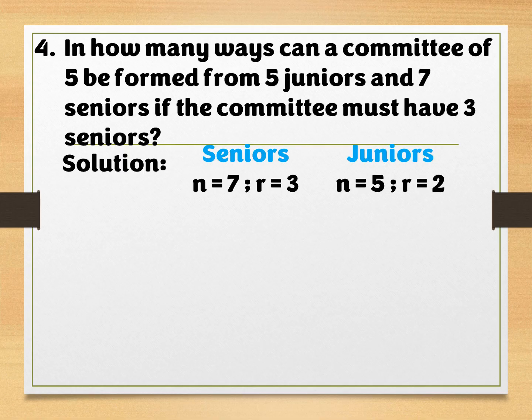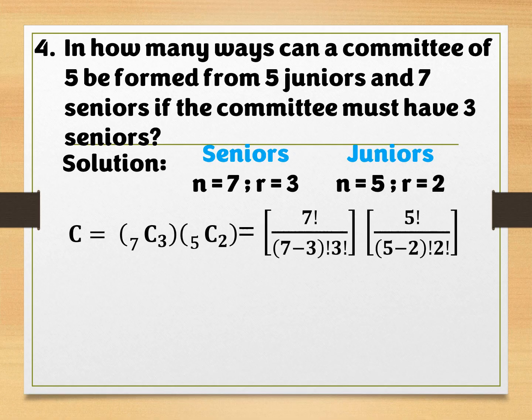And then we have now the combination, or C is equal to the combination of 7 objects taken 3 at a time, that is for seniors, and for juniors, the combination of 5 objects taken 2 at a time. And then we're going to substitute now the value of N and R in the formula. So we have 7 factorial all over 7 minus 3 factorial times 3 factorial.